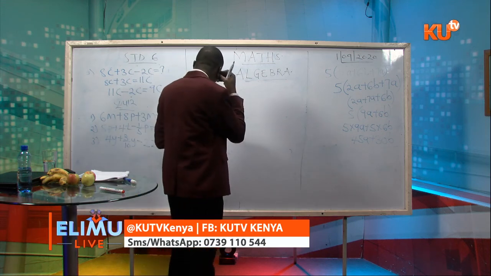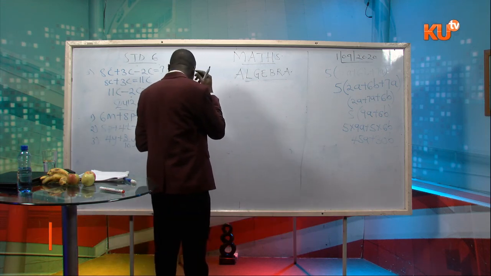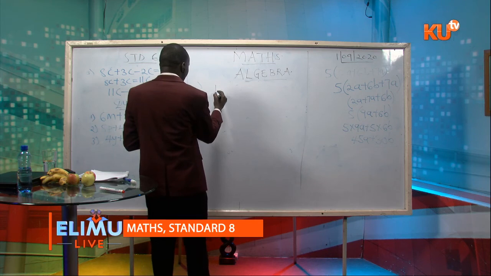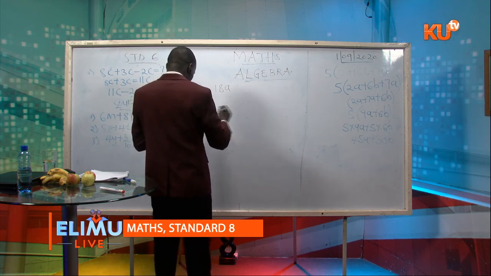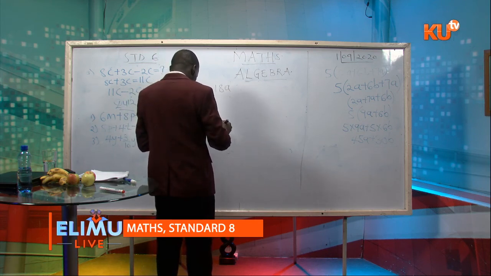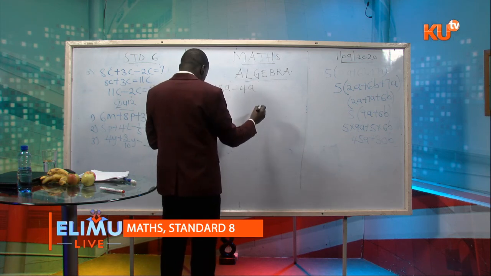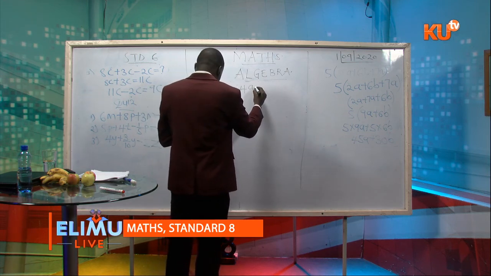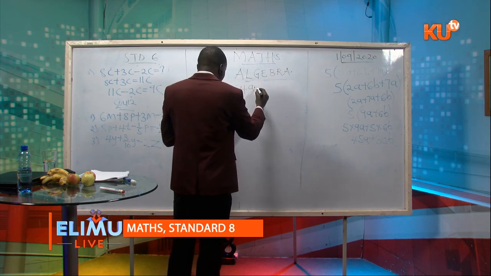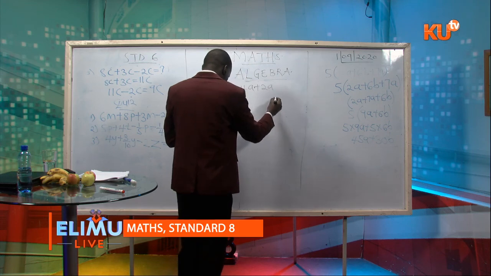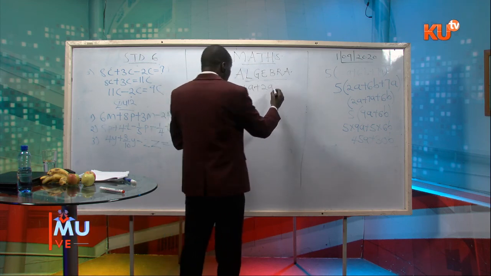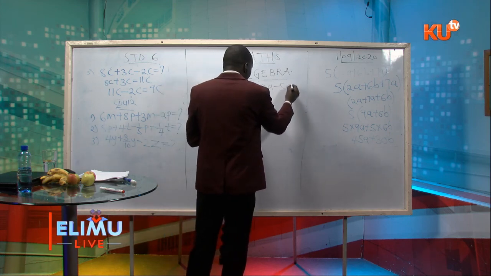We have 18a take away 4a plus 2a take away 5a.